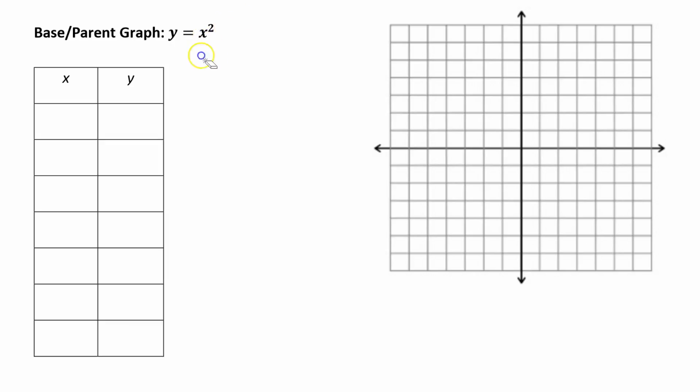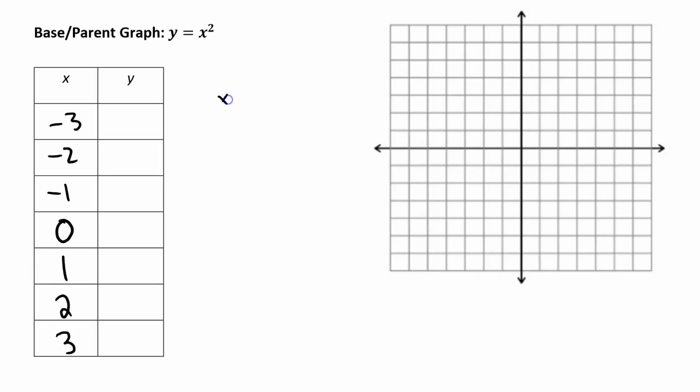So what I want us to do first is just to explore what a graph of y equals x squared looks like. I'm going to choose some x values here: 0, -1, -2, -3, sorry, not negatives anymore, 1, 2, and 3.